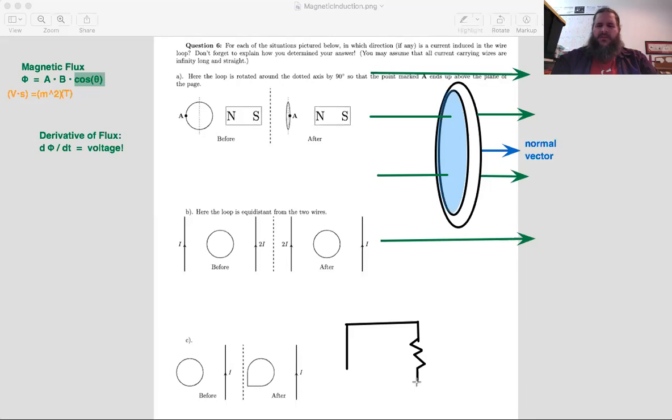And typically, what would we expect to be providing voltage in a circuit like this? Battery? Right. So let's say there's a battery here. The battery provides a voltage boost.